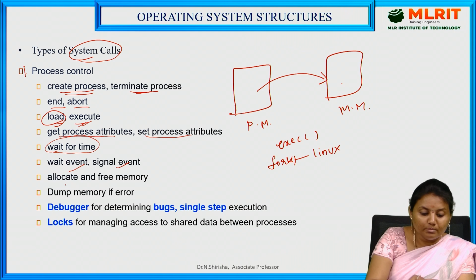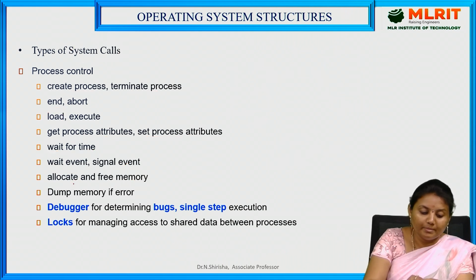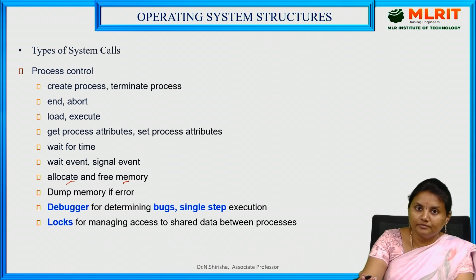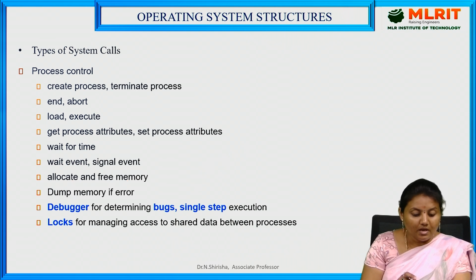Allocate and free memory. If you want to allocate memory and if you want to free up memory, then also there are a few methods like malloc and calloc. These are a few of the system calls that we have. And dump memory if error, this is also where you need a system call.